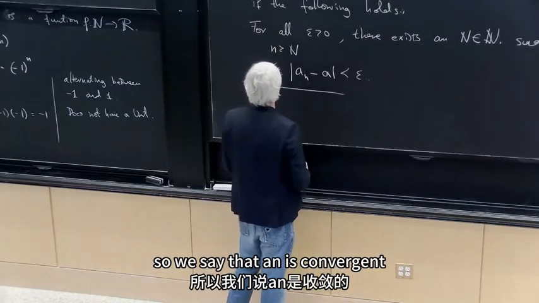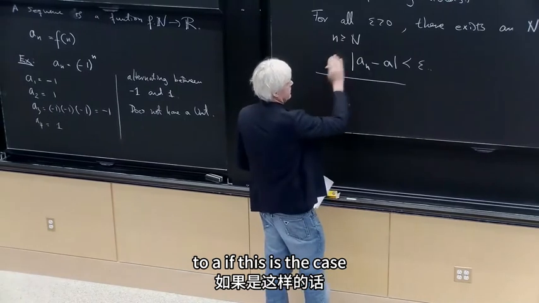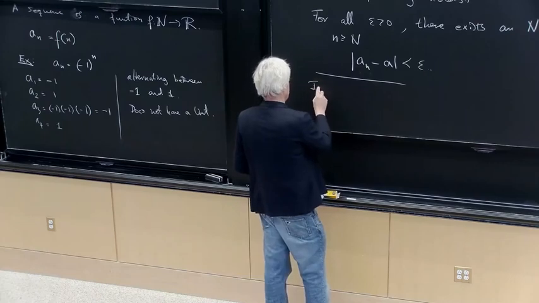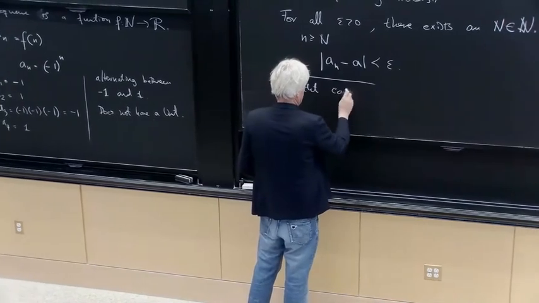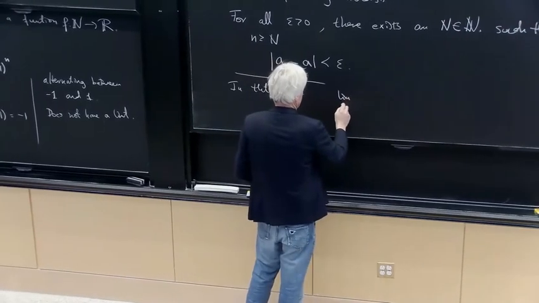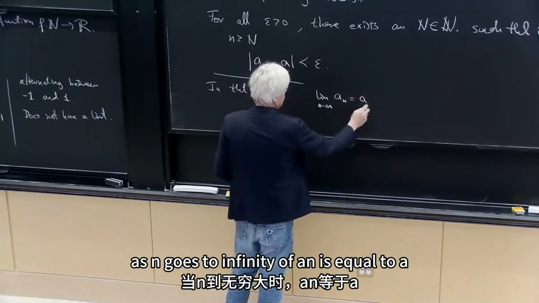We say that a_n is convergent to a if this is the case. And in that case, one also writes that the limit as n goes to infinity of a_n is equal to a.